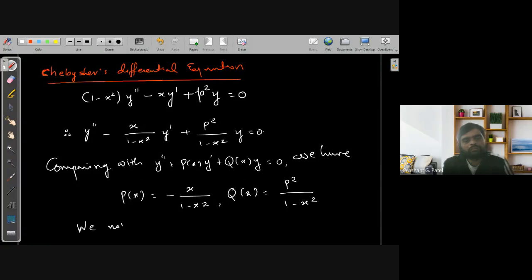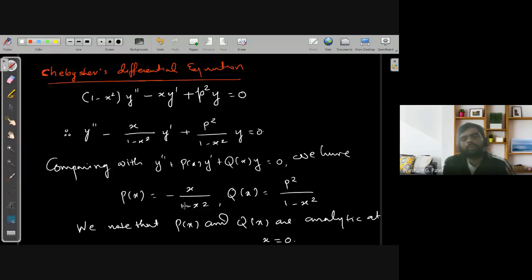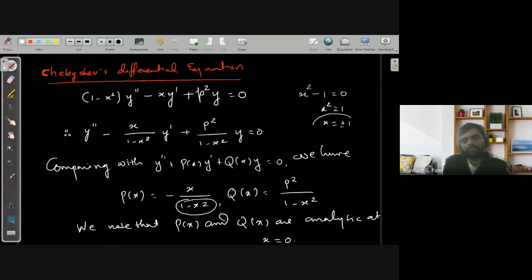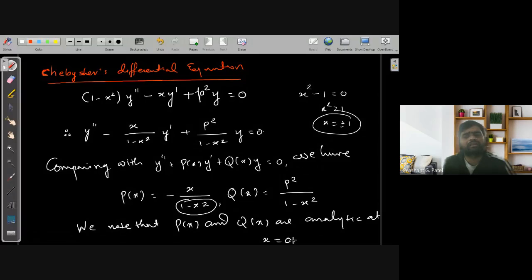In fact, they are analytic except at x equal to plus or minus 1, because the denominator has two roots: x square equals 1, so x is plus or minus 1. Except for plus or minus 1, p of x and q of x are analytic, and in particular analytic at x equal to 0.